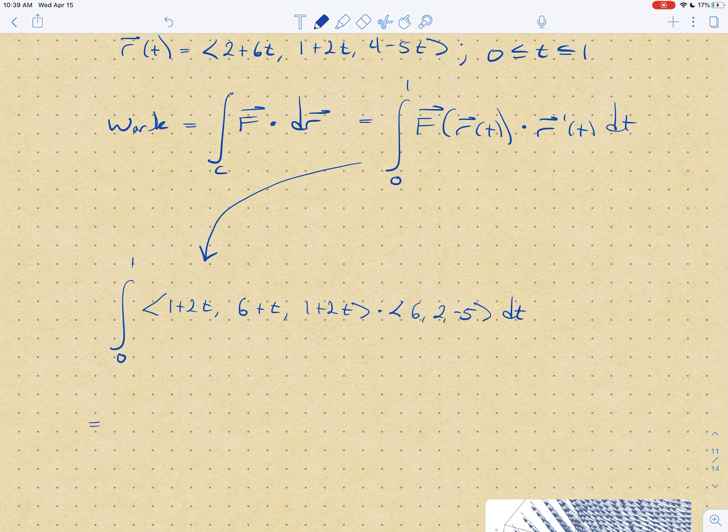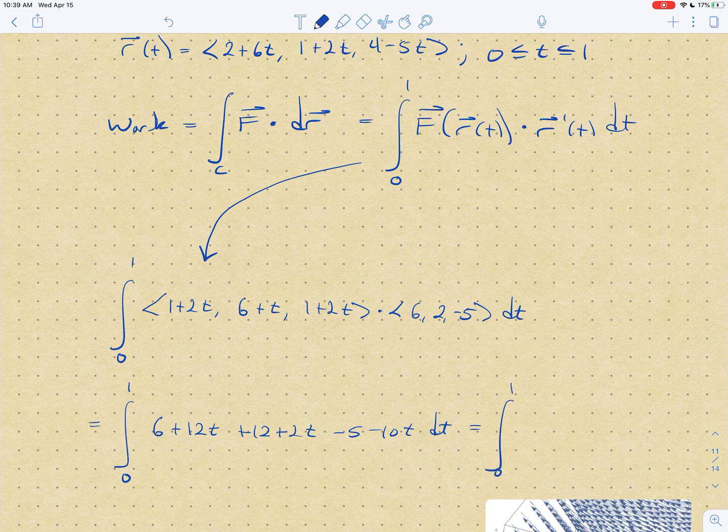We'll take this one step farther, and we can write this as the integral from 0 to 1 of 6 plus 12t, plus 12 plus 2t, minus 5 minus 10t, dt.